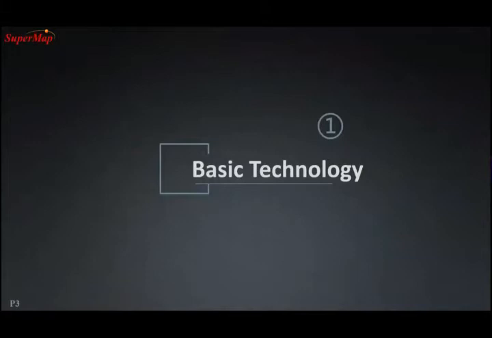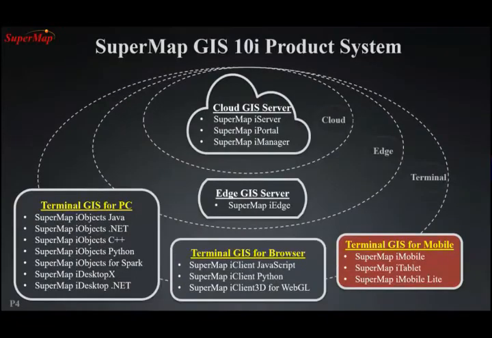So the first part, some basic technologies. This is the architecture of our Supermap product. You can see we actually have three terminal products. Today we will mainly focus on the mobile terminal.